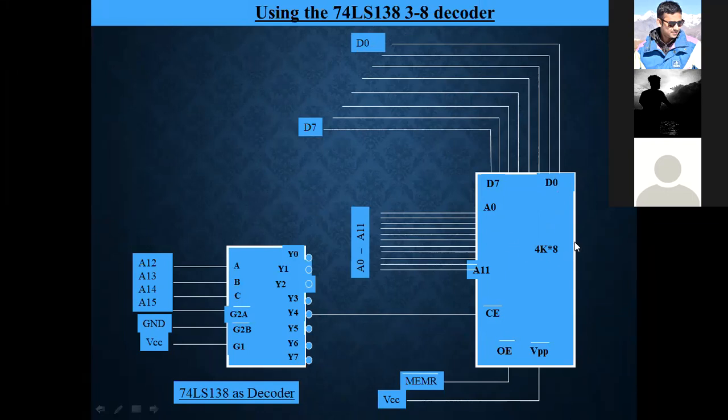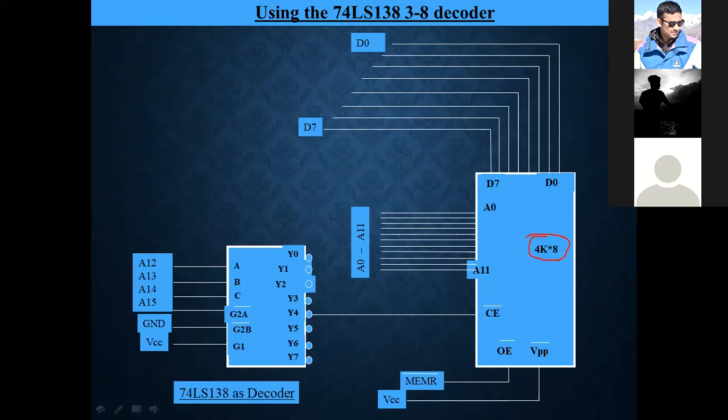First, the size of the ROM is 4K into 8. So we are writing on the paper 4K into 8. That means 2 to the power 10 into 2 to the power 2. This 4K means 2 to the power 12. So address lines are needed to address these 4 kilobytes of memory.